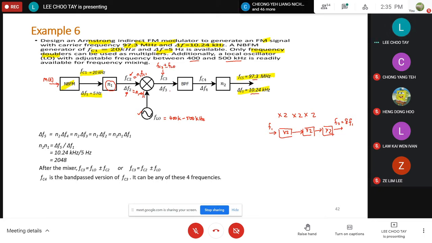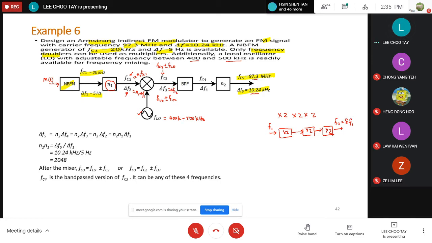In fact, this FC3 can also be FLO plus or minus FC2, correct or not? It's actually the difference between these two frequencies. Then as far as delta F3 is concerned, the mixer here does not change the frequency deviation. So delta F3 is still the same as delta F2.